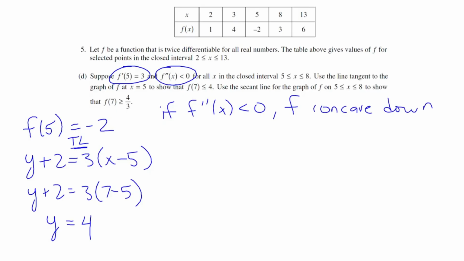And if f is concave down, then the tangent line, right, if we have a function that's concave down, the tangent line is always an overestimate.